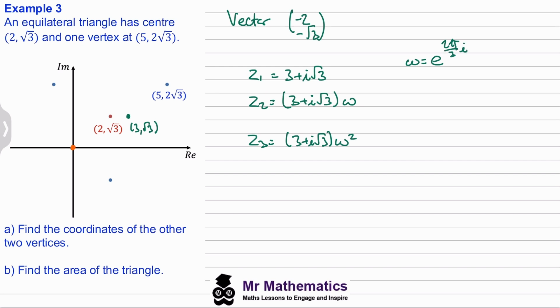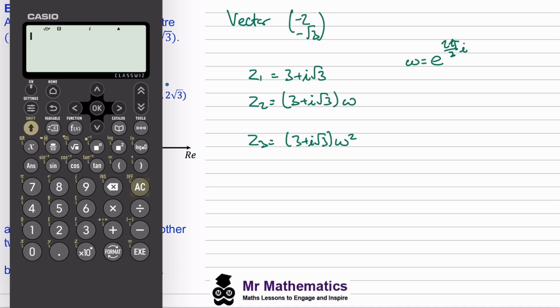And do remember that we stored this in our calculators previously as variable a. So all we need to do is enter 3 plus root 3 i and multiply that by variable a, and we'll get the complex number for Z2. And this will be negative 3 plus root 3 i.